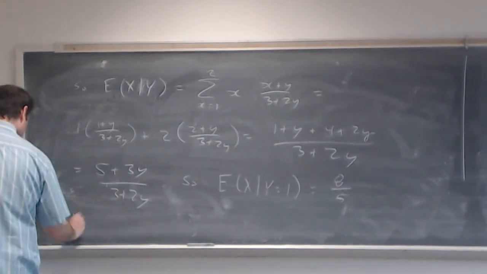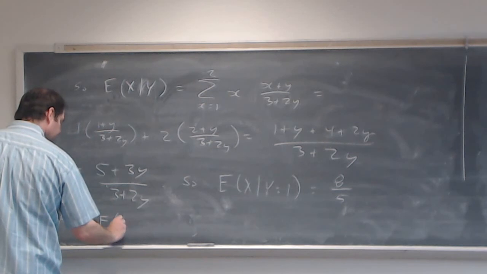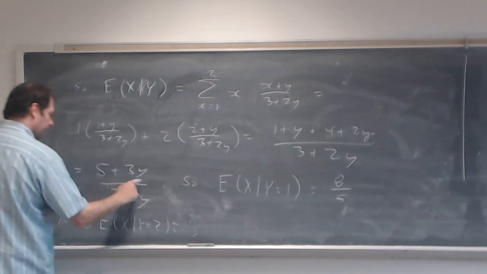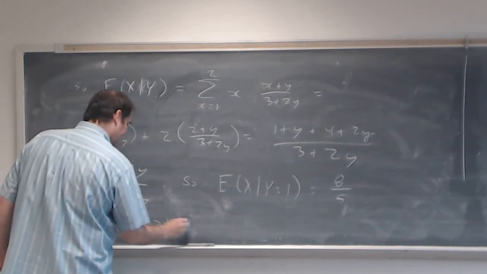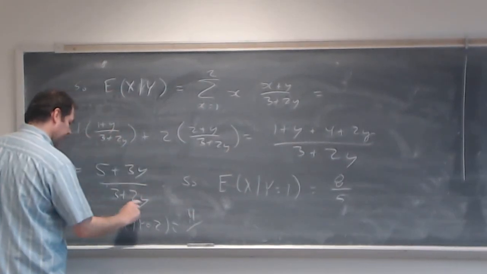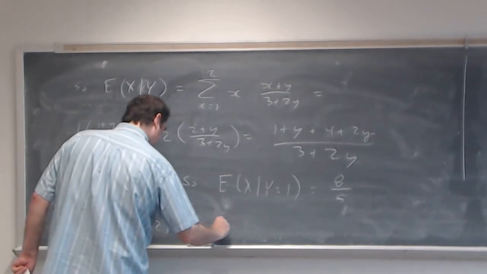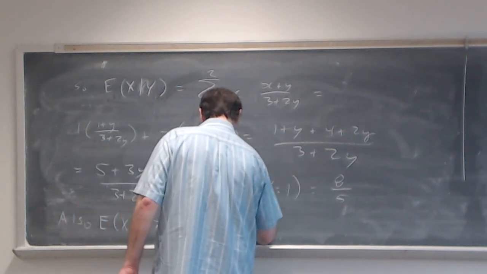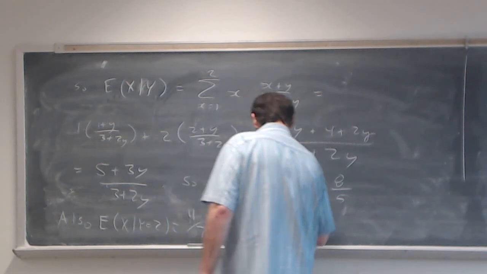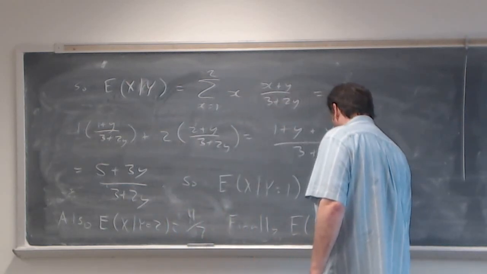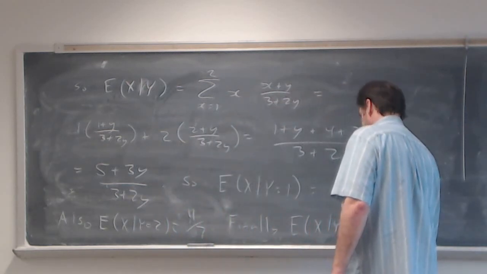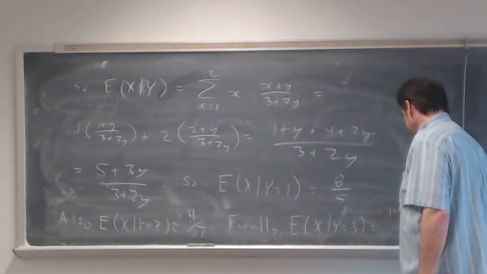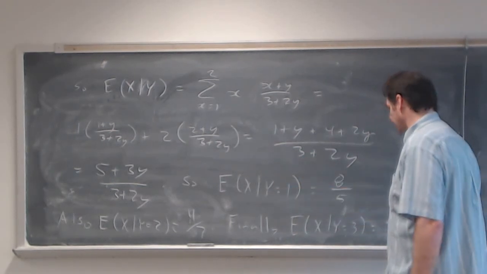Also, the average value of X given Y equal to 2, that's going to be 11 over 7. Finally, the average value of X given Y equal to 3, they tell you Y was 3, what was the average value of X? That's going to be 14 over 9.